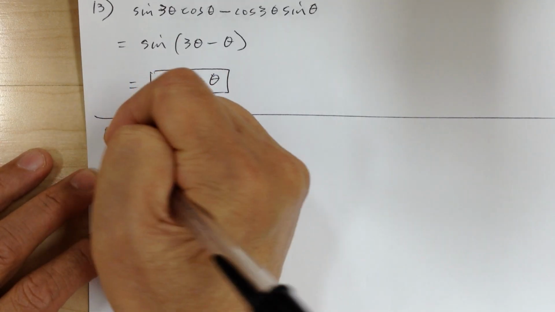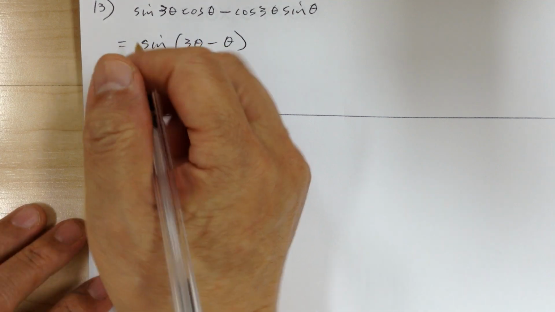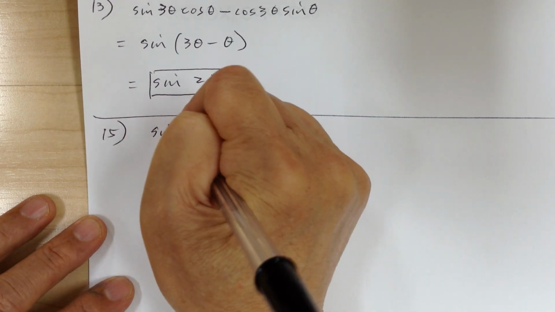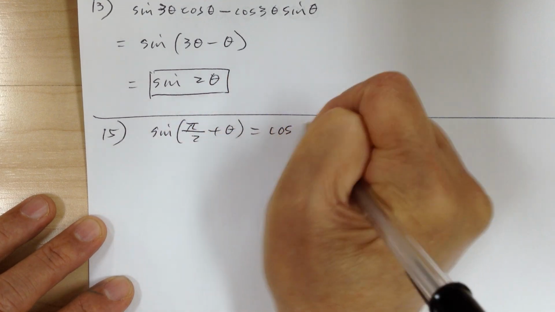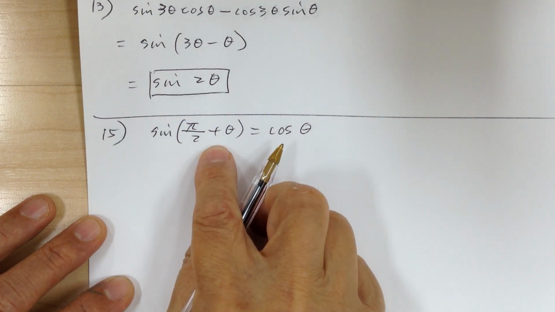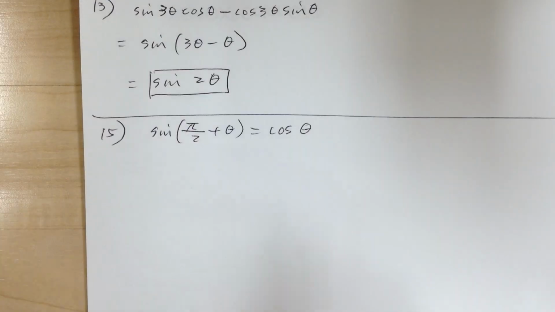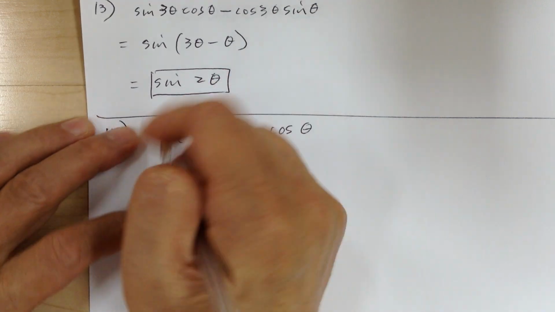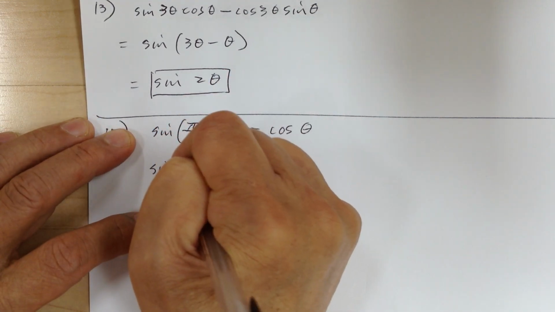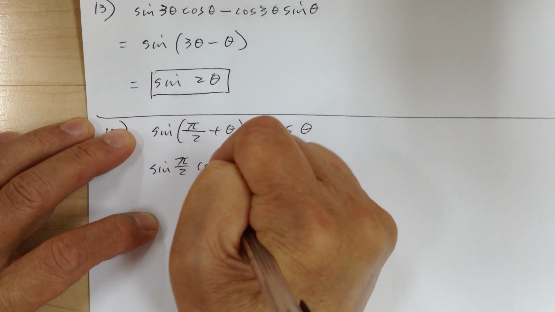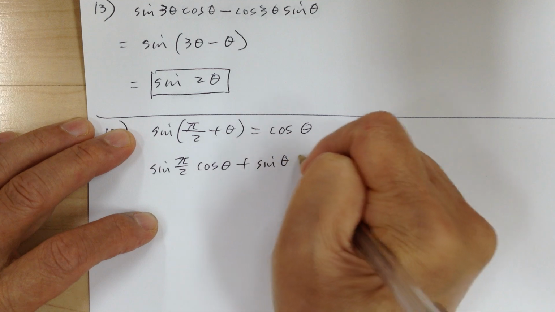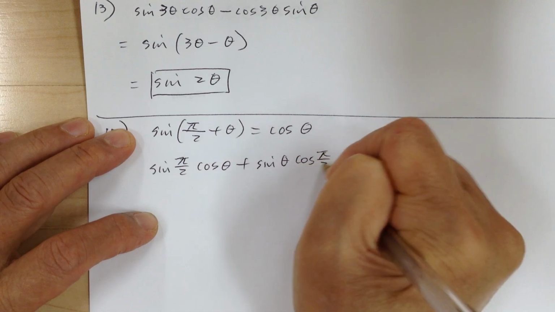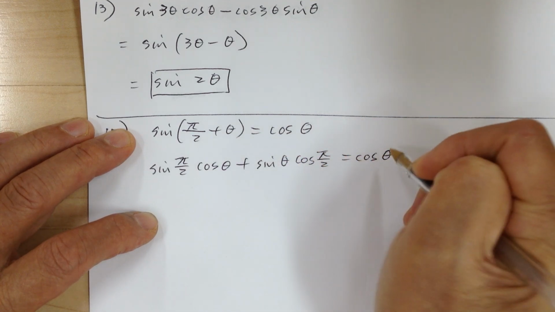Okay, number 15. This one you have to prove the identity. You've got sine of pi over 2 plus theta equal to cosine theta. So we're going to expand this using the sum identity. When you expand, you're going to get sine pi over 2 cosine theta plus sine theta cosine pi over 2 equal to cosine theta.